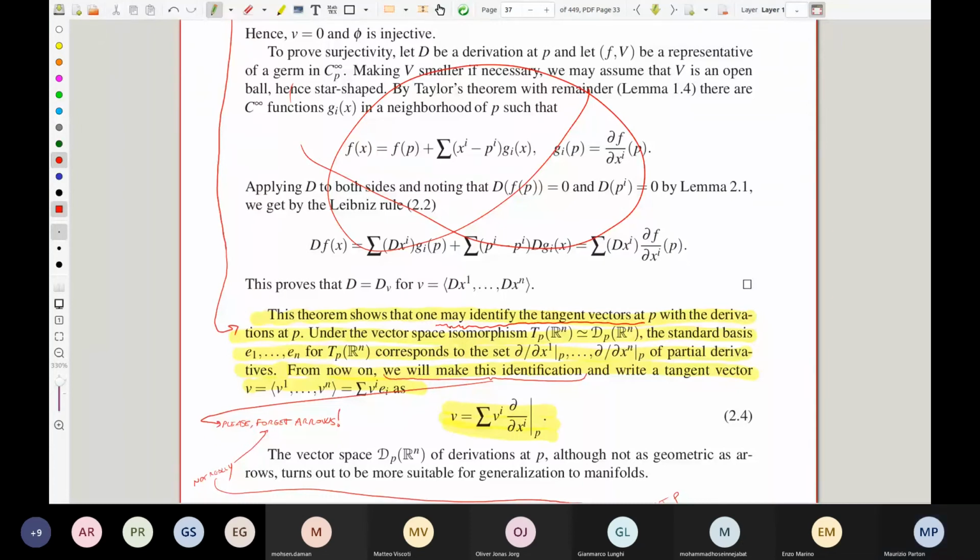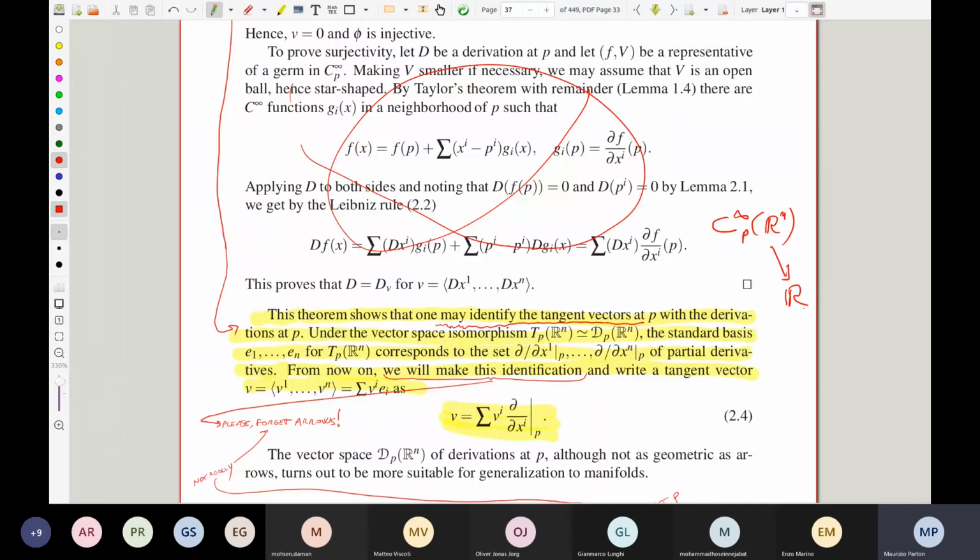This means there is a one-to-one correspondence between a tangent vector at P and maps from C infinity, sorry, always the wrong C. From C infinity. So, apparently very different objects, completely different objects.